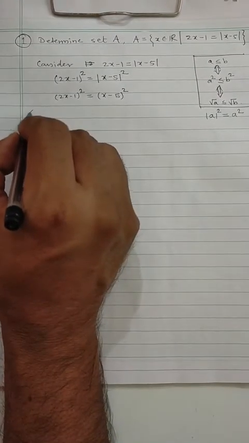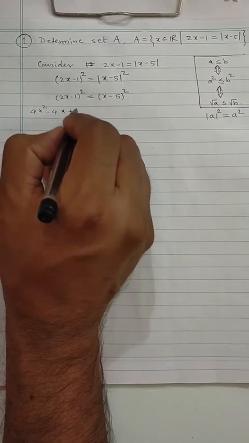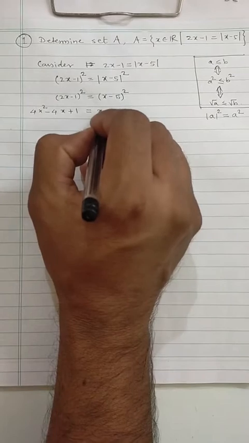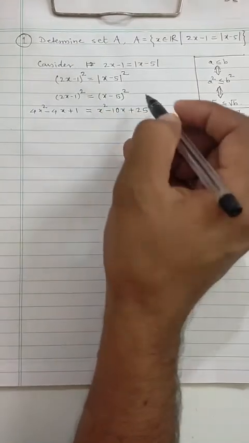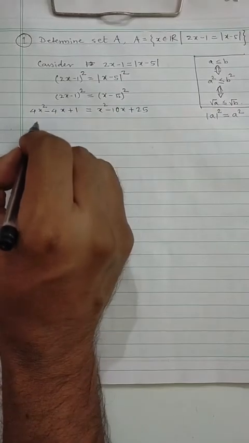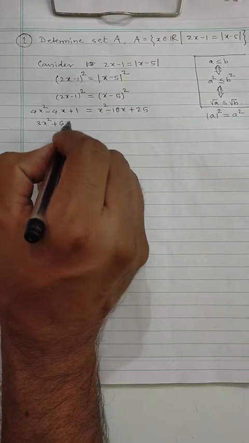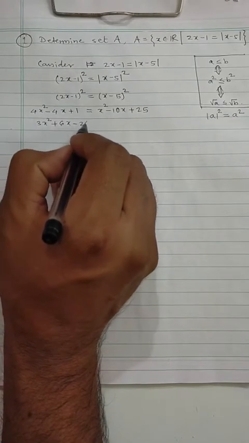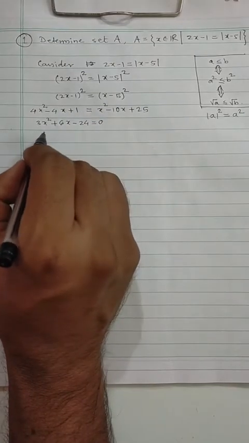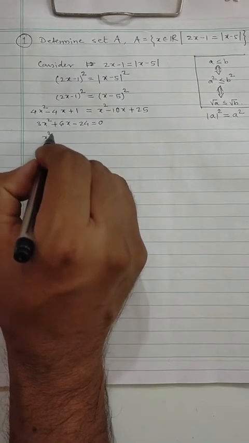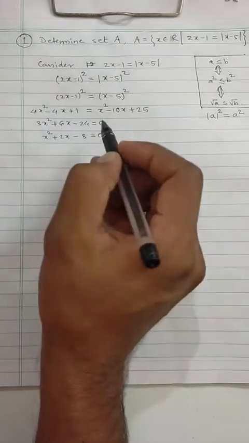It will be 4x square minus 4x plus 1 is equal to x square minus 10x plus 25. Now simplify the things. It is 3x square plus 6x minus 24 is equal to 0. That means it can be x square plus 2x minus 8 equal to 0.